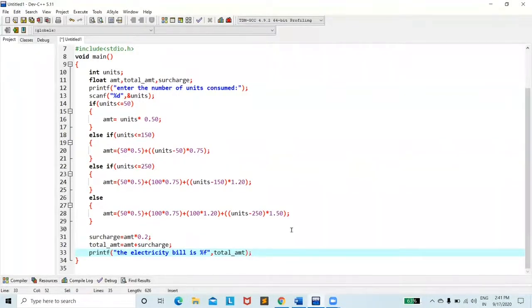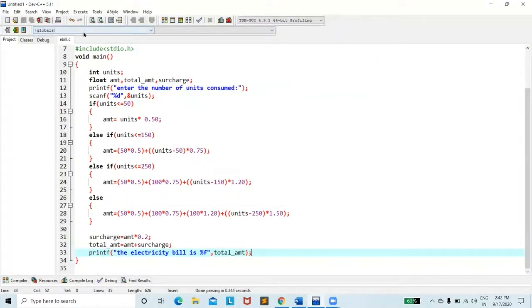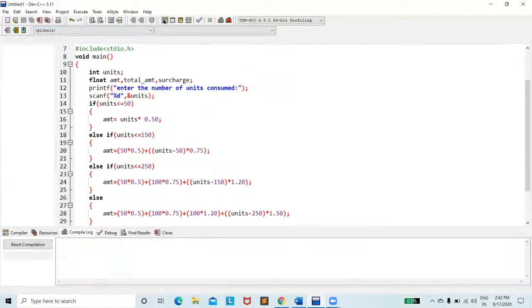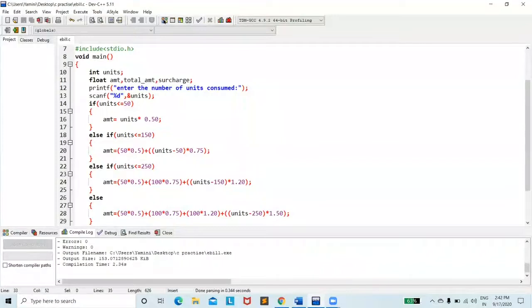Semicolon. That's it. Now let me save this as ebill.c. Save. I'm compiling it. Wow, no errors. So I'll run it.